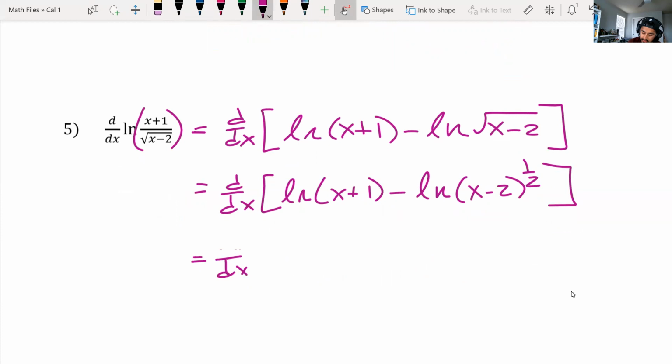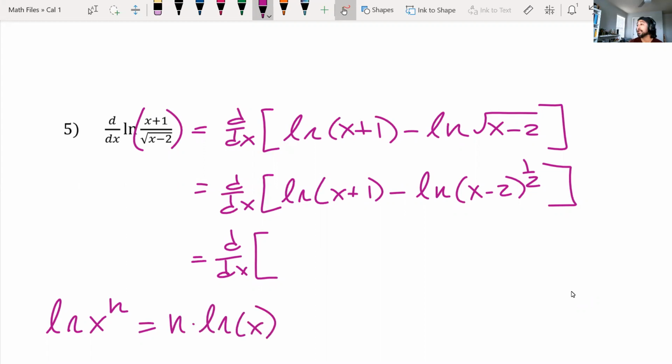I'm asking you to dig deep into your natural log formulas. What if I had the natural log of x to the n? No derivative, no calculus involved, just algebra. What could I do with that exponent of n? Bring it to the front. N times the natural log of x. The power rule for logs.